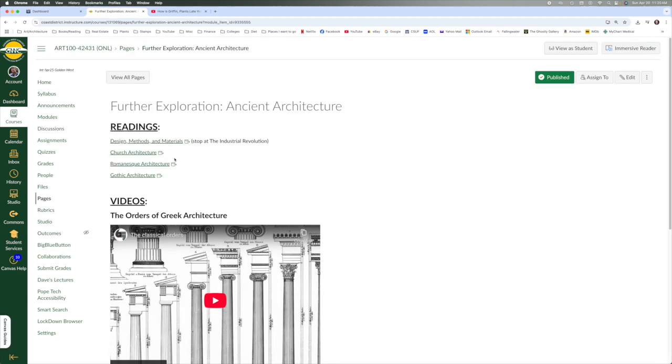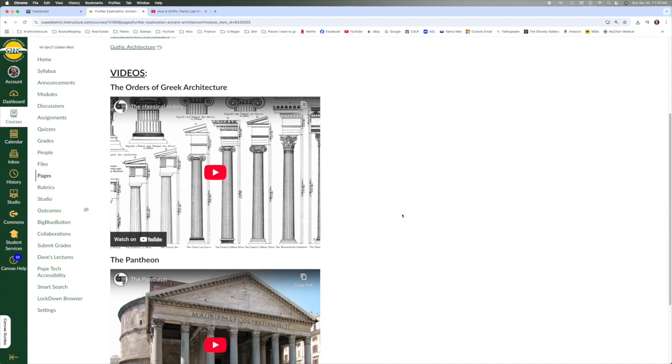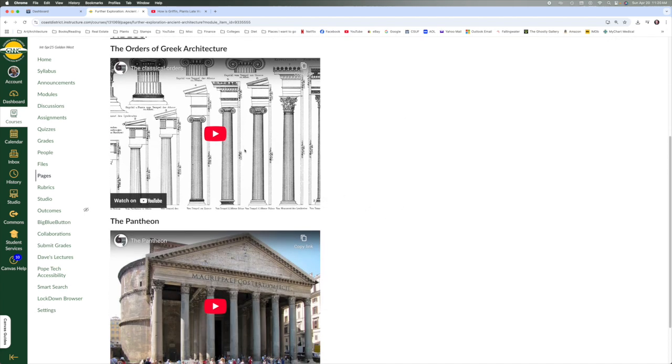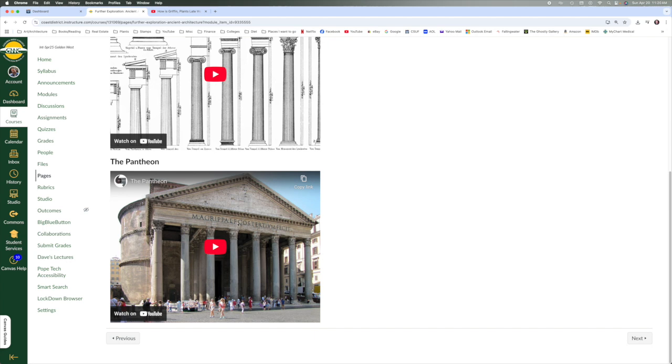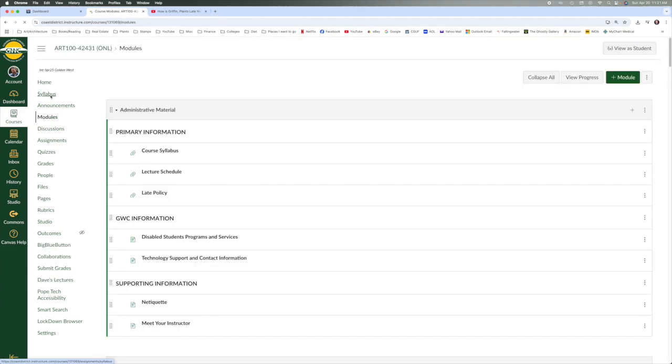Here we have some readings, and we also have some really great videos, one on the orders of Greek architecture. There's only 3 there that we really need to concentrate on, the Doric, Ionic, and Corinthian. That we'll actually go over during the lecture. And then a really fantastic building is the Pantheon, so make sure to watch that video as well.